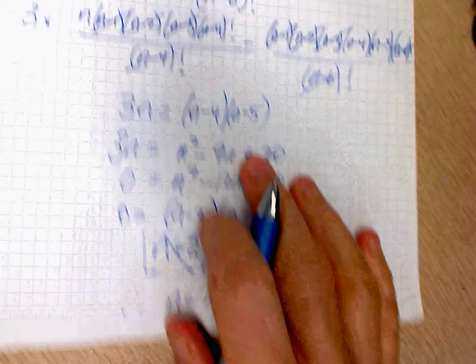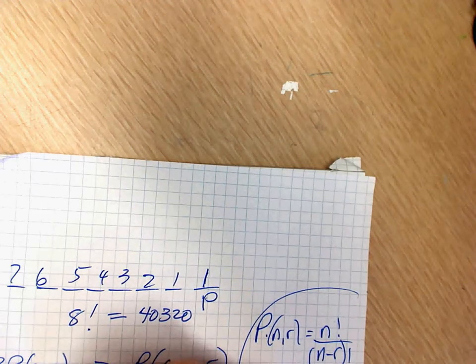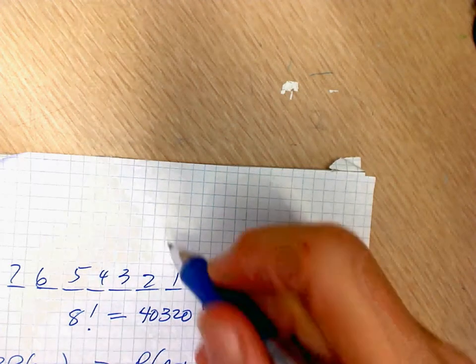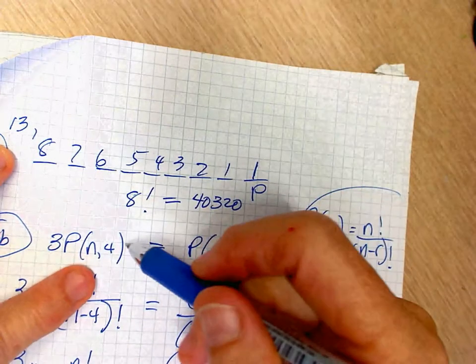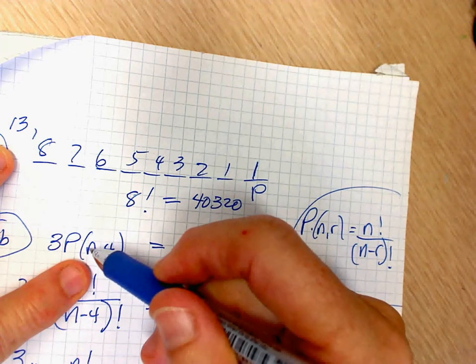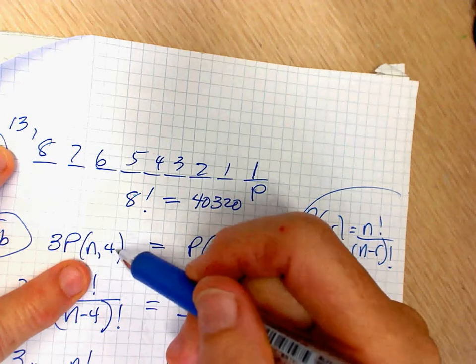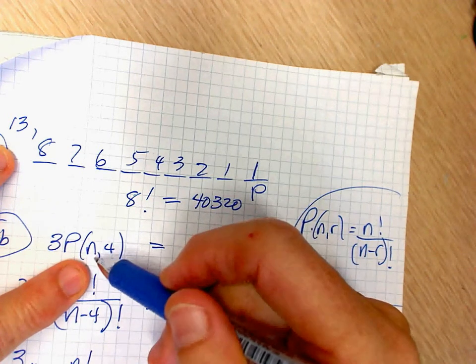Do you see, if we put n as 2, it's going to be an arrangement of 4 things from 2 things. Can we arrange 4 things if there's only 2 things to work with?